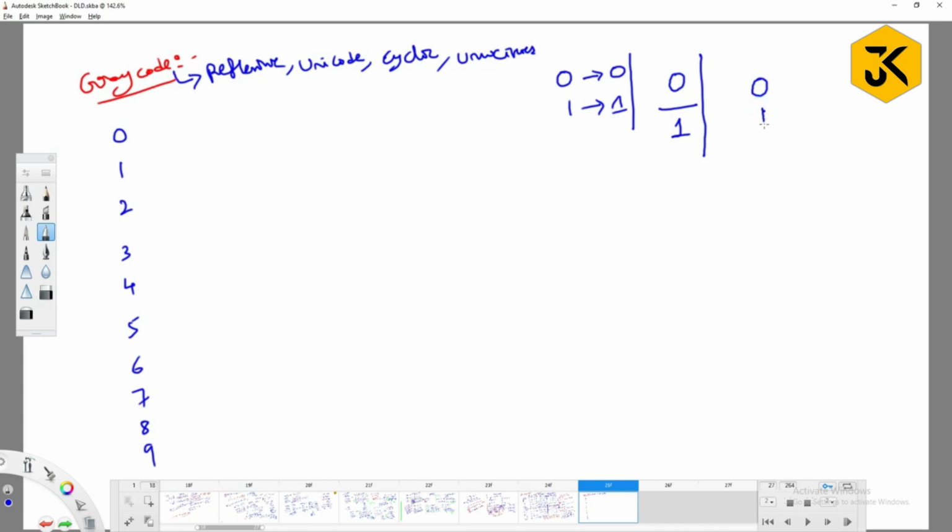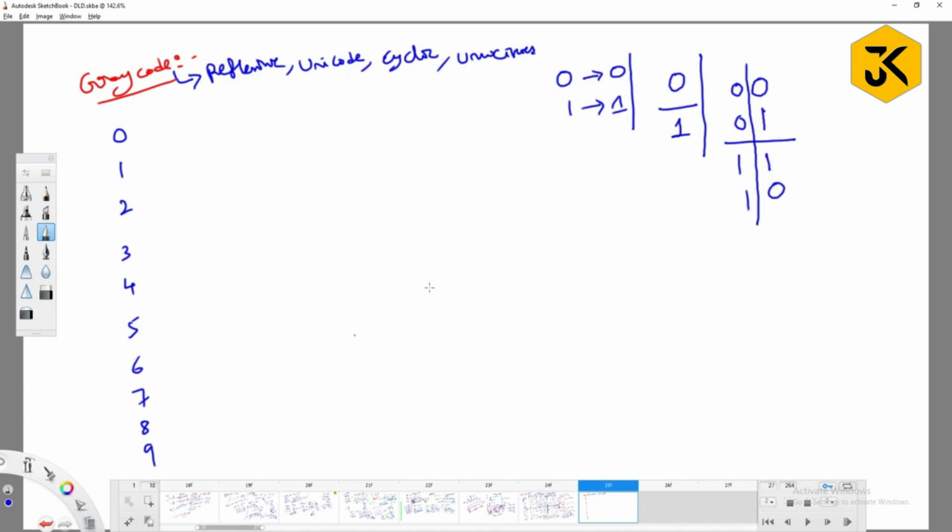Try to think, if I have 0 1, what is the mirror of this 0 1? Can I call it 1 0? Yes, right? So I can call this a mirror, so try to put two numbers like this. Don't think about the first portion, just compare only the second level of bits. This is what I can call a mirror, so I can call it reflexive.